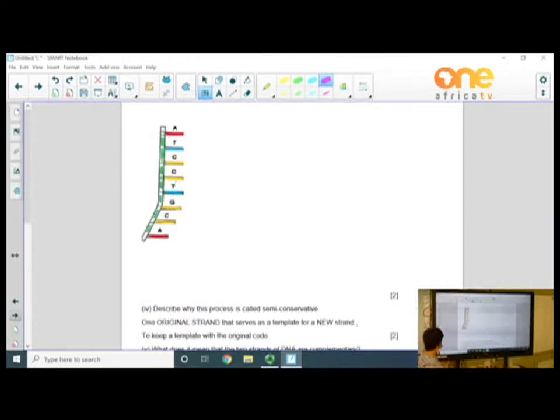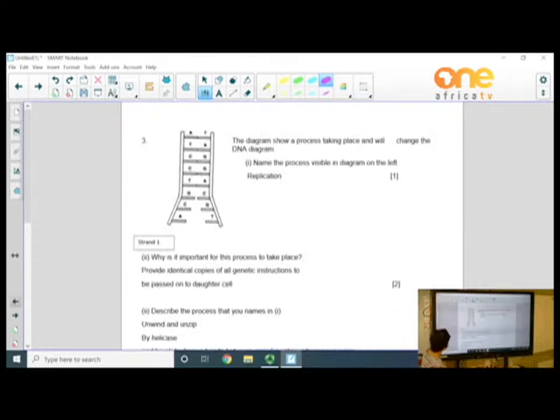Then, the first question: the diagram shows a process taking place that will change the DNA. The process visible is replication. There is strand 1. Why is it important for this process to take place?